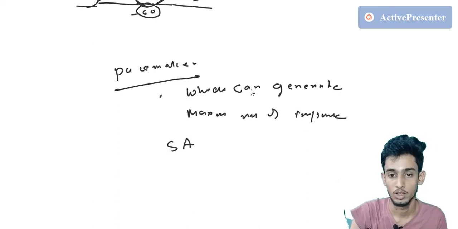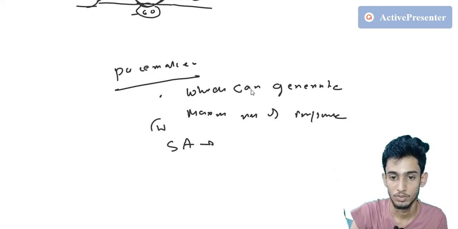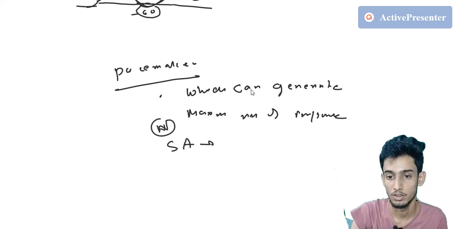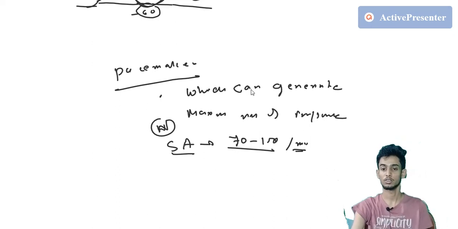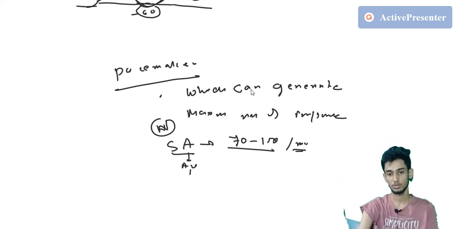So in the normal heart, it is the SA node, which can beat 70 to 100 beats per minute. Now if the SA node stops working, the AV node takes over, and it goes on down the hierarchy.